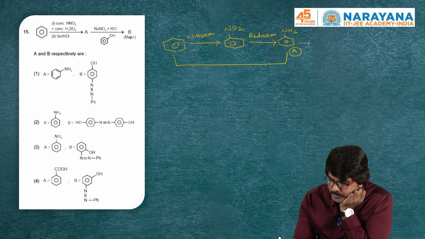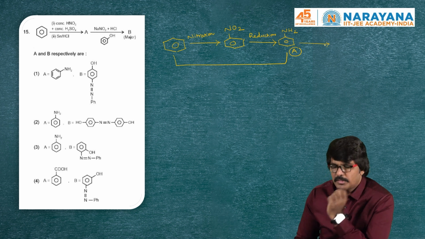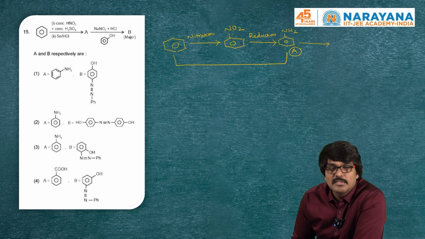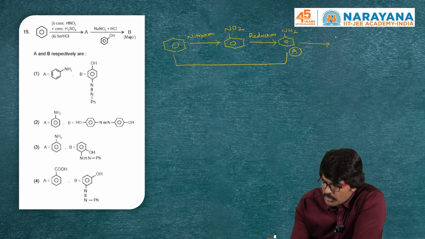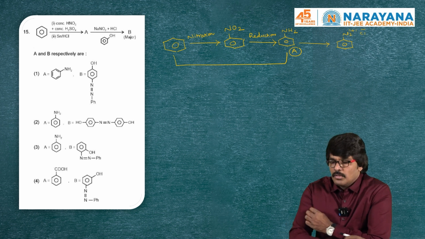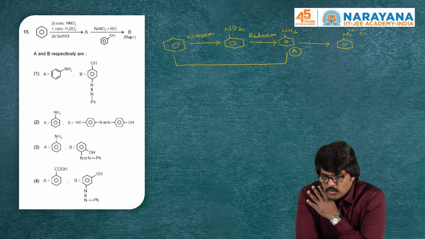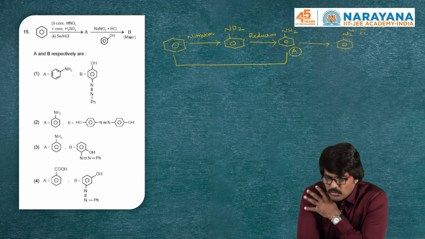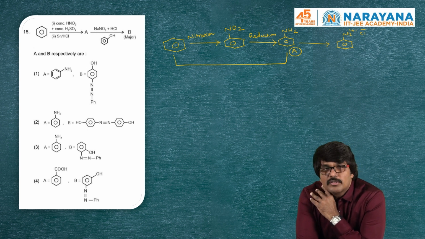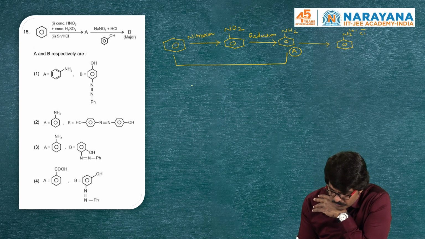Aniline is subjected to diazotization. First, that is going to give benzene diazonium salt, N2+Cl-. That is benzene diazonium chloride, but he gave one more reaction, that is a diazo coupling reaction.